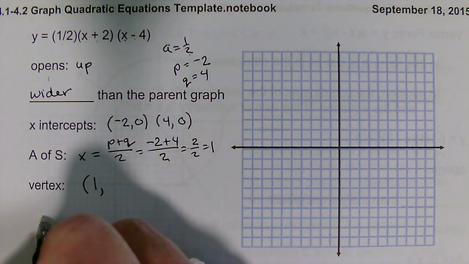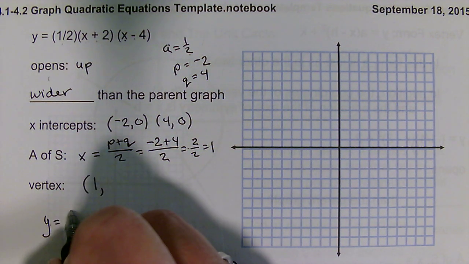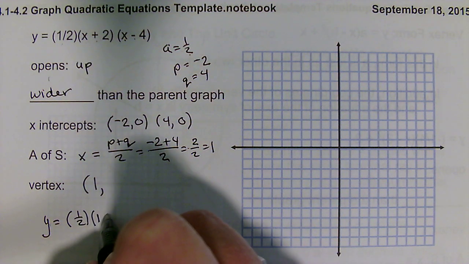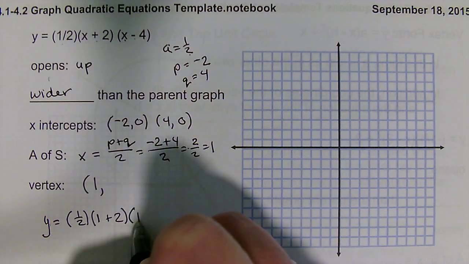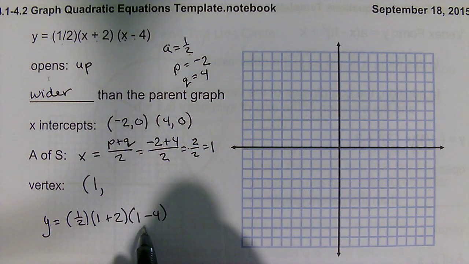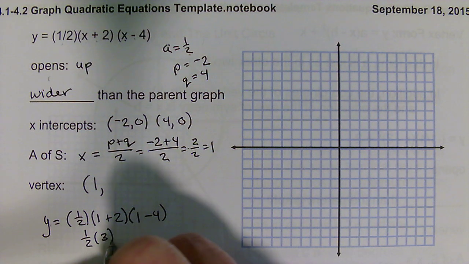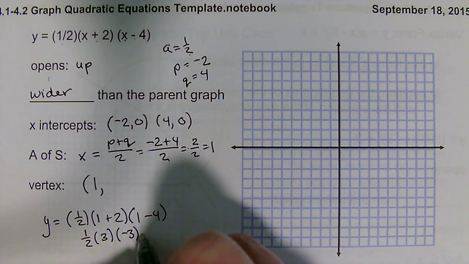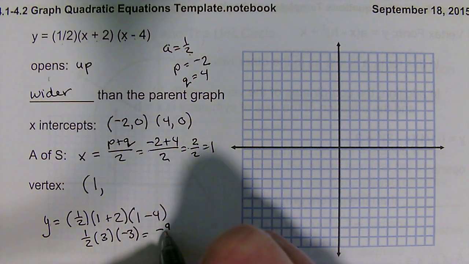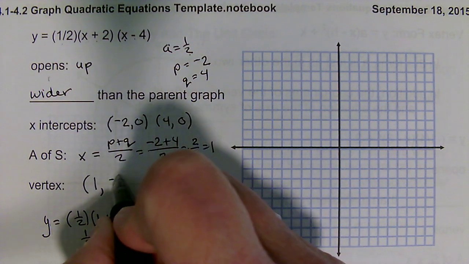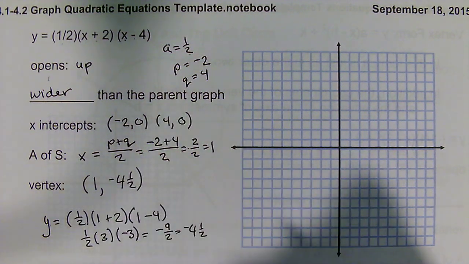And then to find the y-coordinate, I take the equation I was given, 1/2 times (1 plus 2) times (1 minus 4). We just plug the number 1 in where the x was. So we get 1/2 times 3 times -3, which would be -9/2, or -4 1/2. So that's going to be the y-coordinate of the vertex.